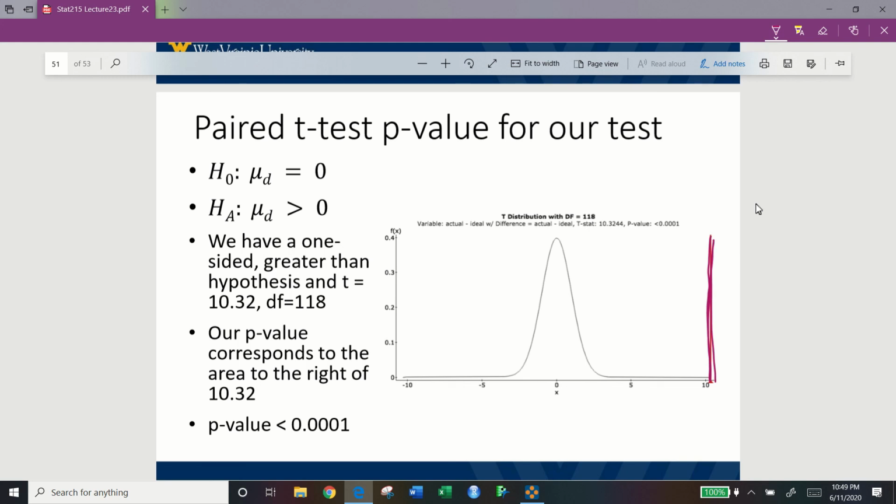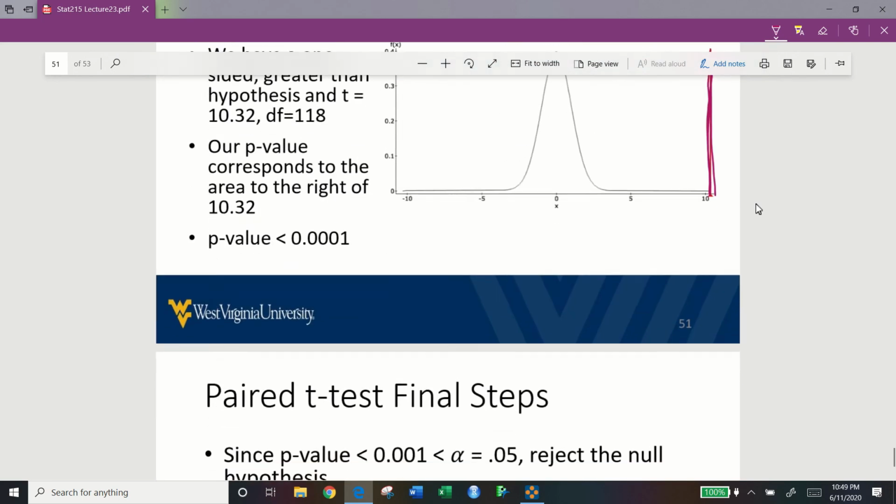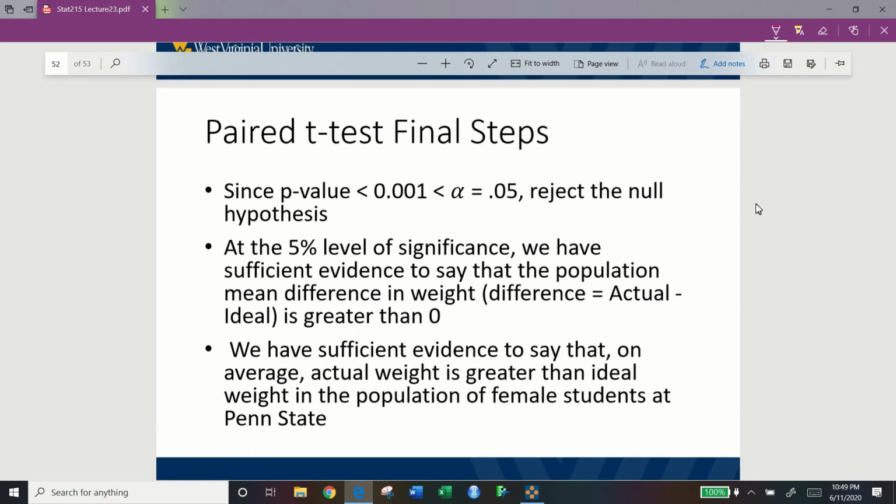That makes sense because our p-value was less than 0.0001. And since that's the case, and it is clearly less than 0.05, we strongly will reject the null hypothesis. This means at the 5% significance level, we have sufficient evidence to say that the population mean difference in weight, where difference is actual minus ideal, is greater than 0. Meaning, we have sufficient evidence to say that on average, actual weight is greater than ideal weight in the population of female students at Penn State.